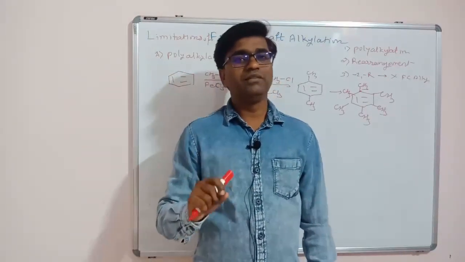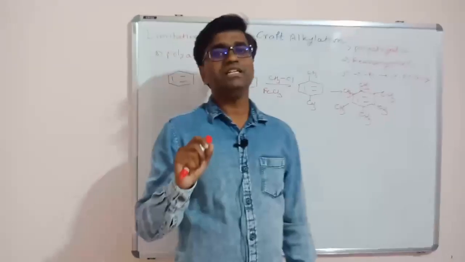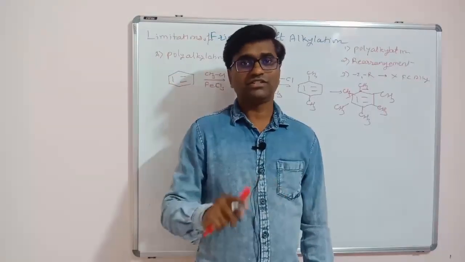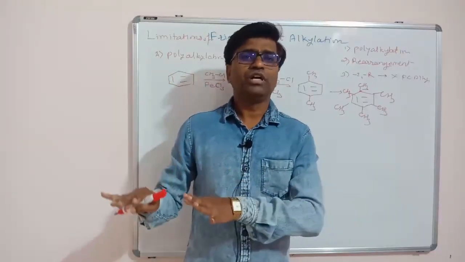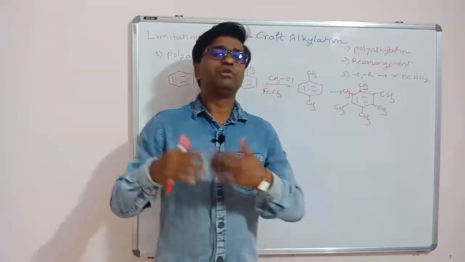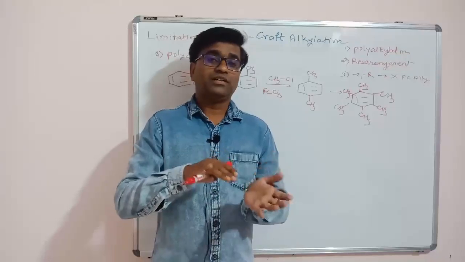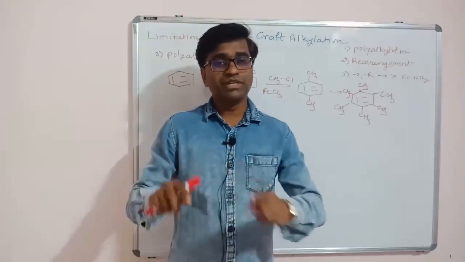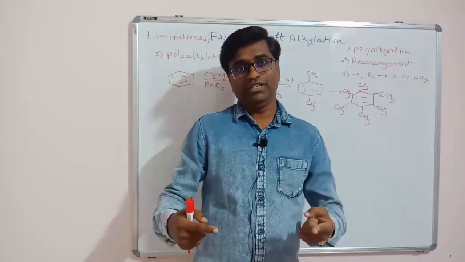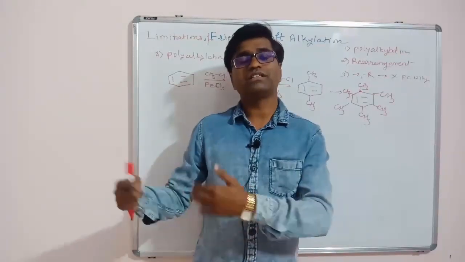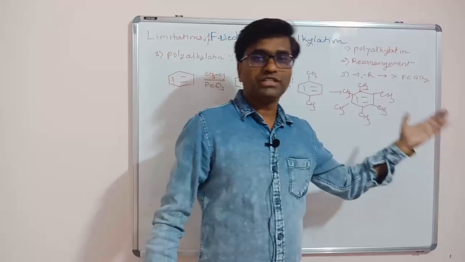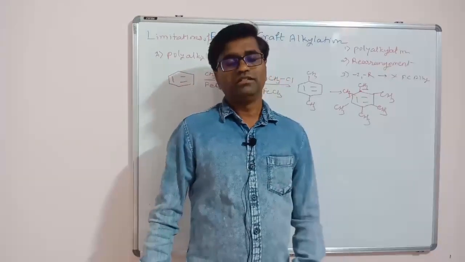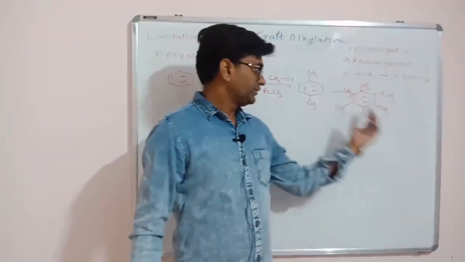That's why this is a limitation of FC alkylation, called polyalkylation. The reaction won't stop at monoalkylation, because the monoalkylated benzene becomes more reactive and reacts faster and faster, and we end with a mixture of polyalkylated products.